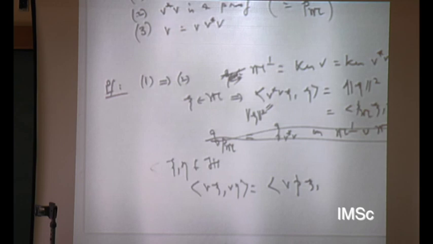Is it clear that V is equal to V times P? See, on the orthogonal complement of P, V is identically 0. So in order to see what V does to any xi, it is enough to see what it does to P xi. So V xi is equal to V P xi.